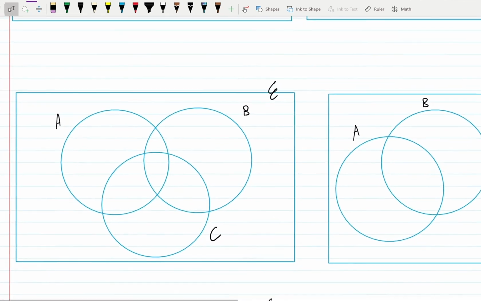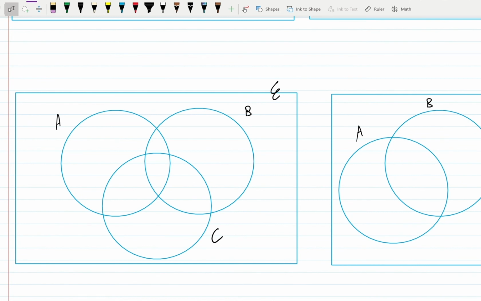Now you might have seen something like this, where you have three circles. So for this example, we have three sets A, B, and C, and now we're showing relationships between the three of them. So if we look at this region here, this region is just describing the relationship between set C and set B, right?